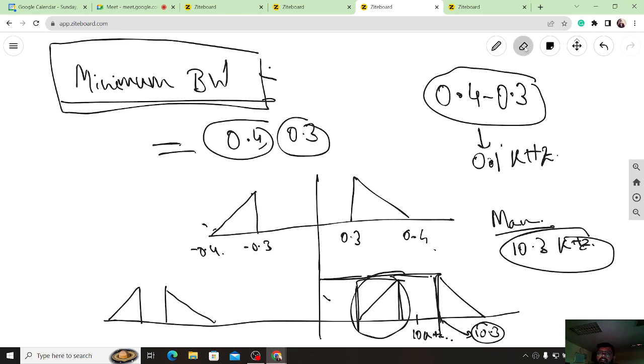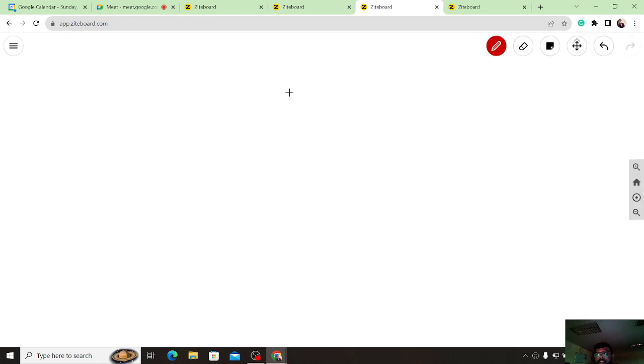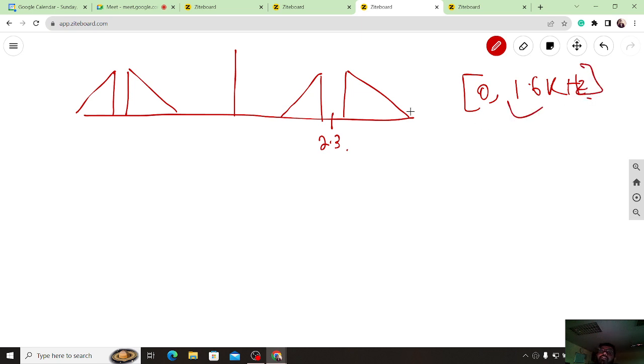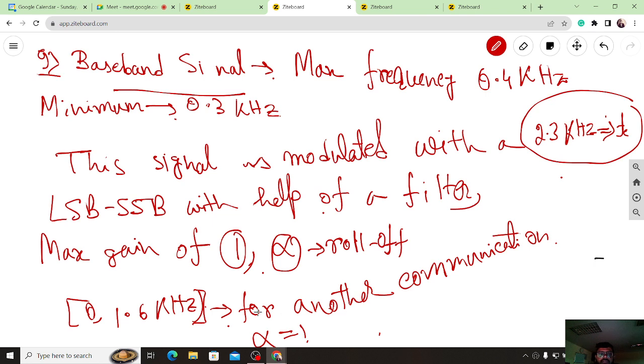So basically the picture diagram will be easier to understand. Again the signal becomes like this. This message signal was like this, and after modulation with a 2.3 kilohertz center frequency, we get this sort of spectrum. But there is a constraint. We cannot transmit any part of this signal in the band 0 to 1.6 kilohertz, because we are using this band for communication of another signal.